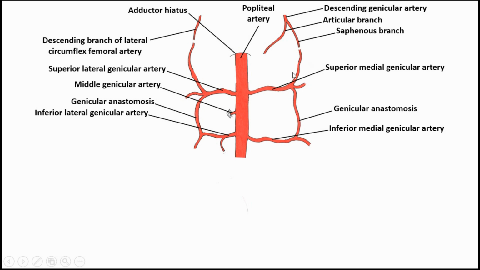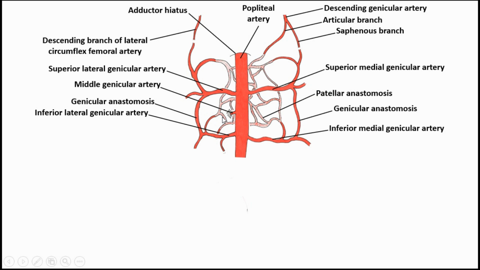Now, that is complicated enough, but there are also branches that travel to the anterior aspect of the knee, shown here with the cross-hatched view, and this is called the patellar anastomosis. There are branches coming into this anastomosis from all of those genicular arteries except for the middle genicular artery, as well as contributions from the articular branch of the descending genicular artery.